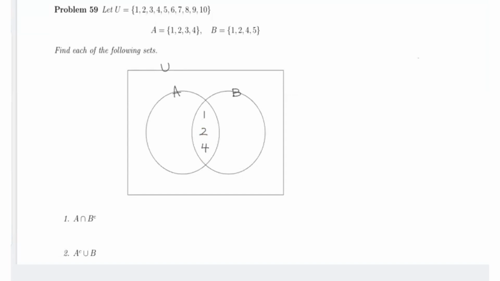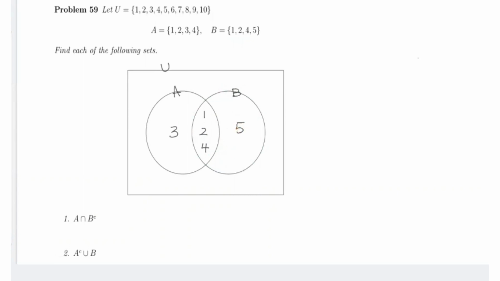Okay, and then I go to the next circle. So here's set A. Set A is everybody in this circle, right? We already have 1, 2, and 4. 3 is left over, so write it out. Set B is the circle on the right, and set B includes 1, 2, and 4. So 1, 2, and 4, 5 is left. Are we okay with this?